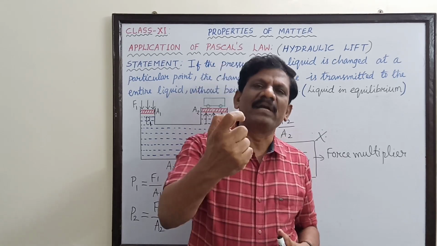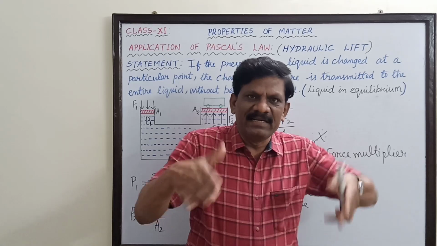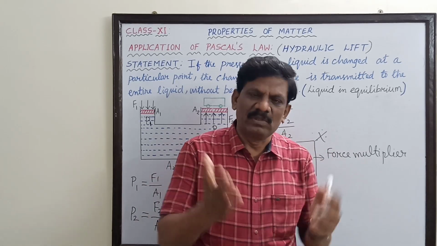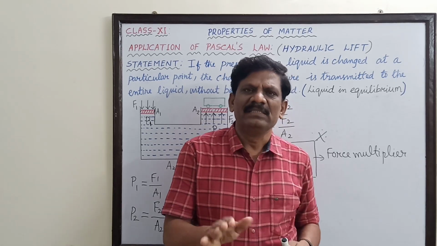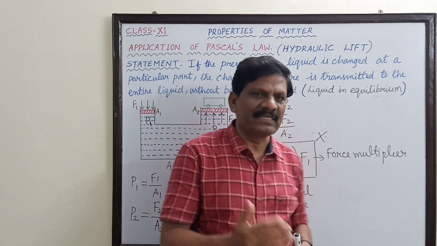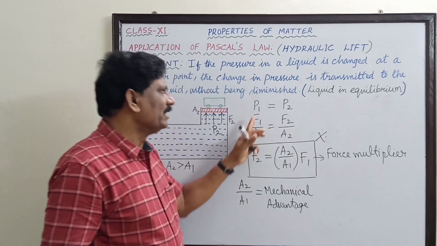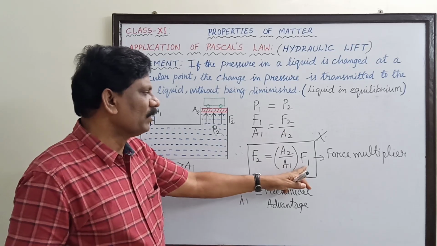There is a tube connecting the brake pedal with the inner discs of the wheel, so that when you apply a slight force on the brake pedal, a pressure P1 is caused, and that is expressed by this equation: P1 is equal to P2, or F2 is equal to A2 by A1 times F1.